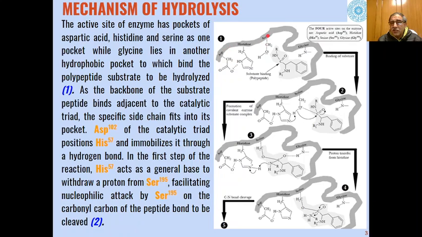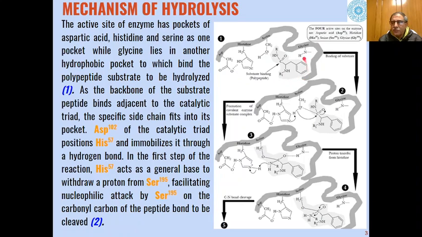Three of these active sites are present in this part of the strand, whereas the fourth is present in the hydrophobic pocket of the enzyme, which is non-polar in nature. So glycine lies in the hydrophobic pocket which will bind the polypeptide substrate to be hydrolyzed.